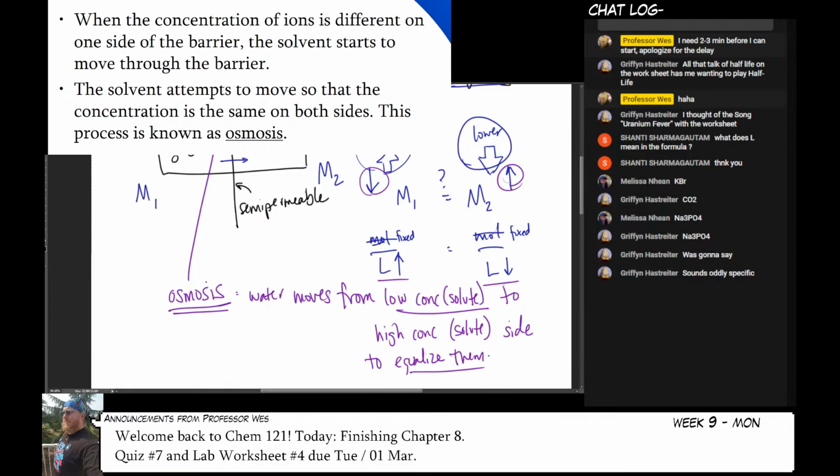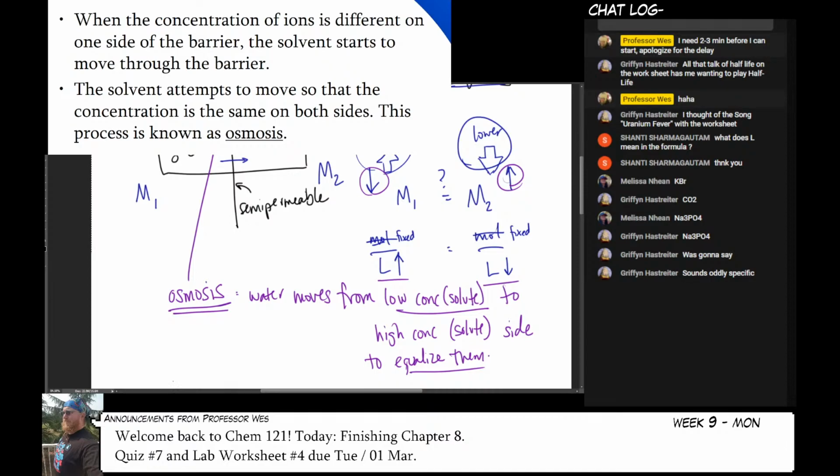And the intent is that it is going to try and equalize them. So osmosis is just water moving from the side that is less concentrated to the side that is more, because in doing so, it will mix the solutions such that, even though the barrier is in the way, they'll have the same concentration throughout.